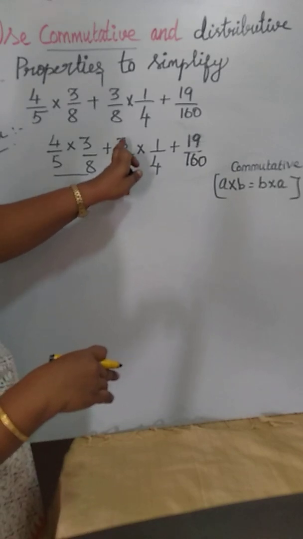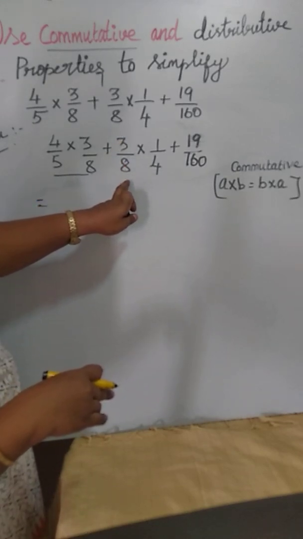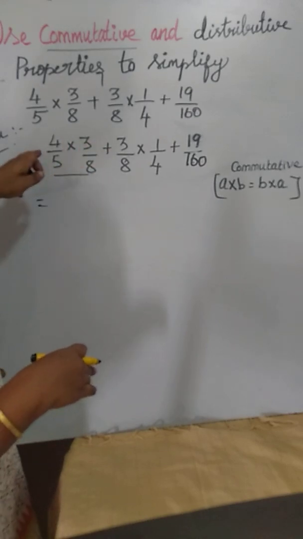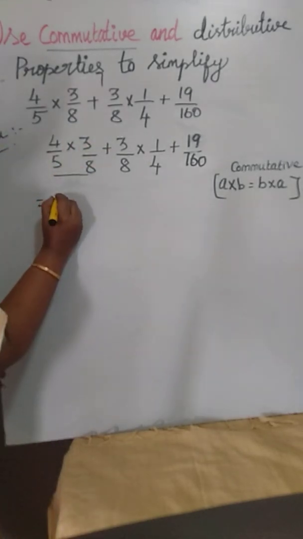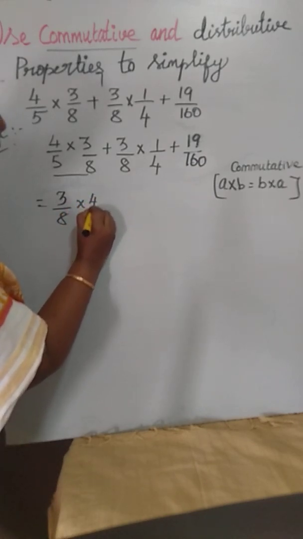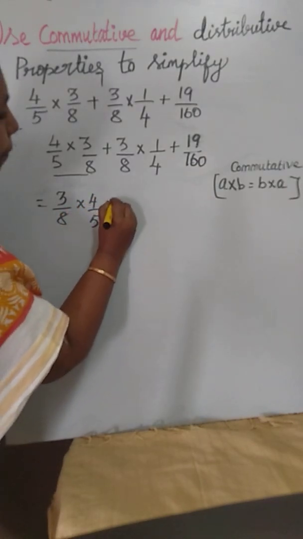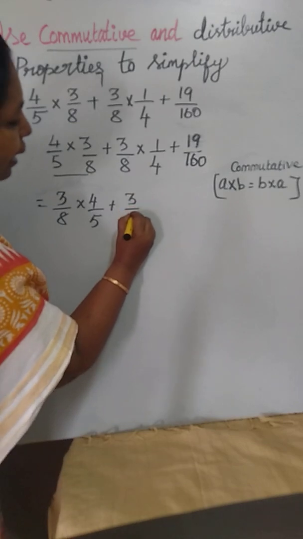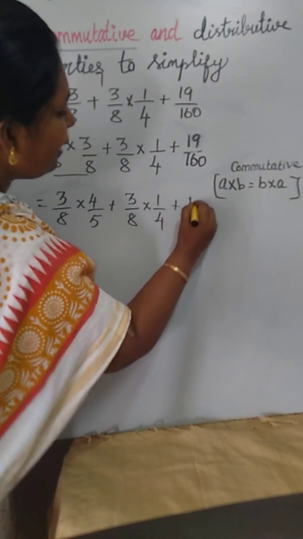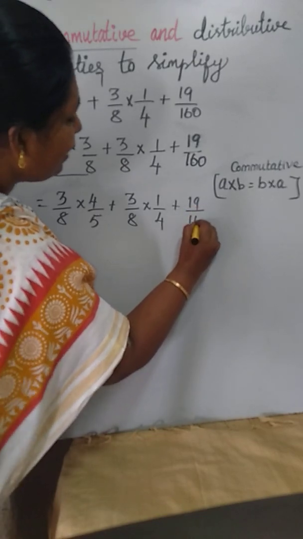So I change this 3 by 8 into the first place. So, here 3 divided by 8 into 4 divided by 5, plus 3 divided by 8 into 1 divided by 4, plus 19 divided by 160.